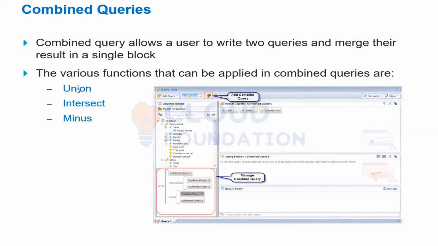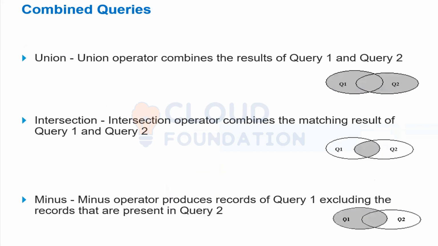Union is like a total, intersection is like matching records. Minus is like A minus B, meaning the records which are in A but not in B. If you see here, this is the example. The union operator combines the results of query 1 and query 2; Q1 union Q2 means it is a total set of values.